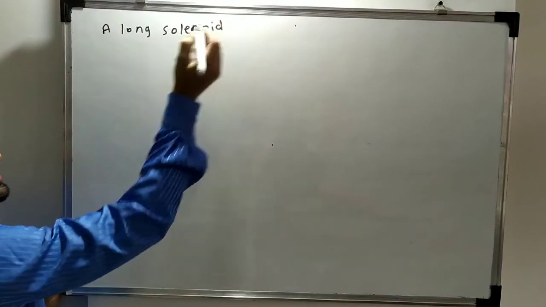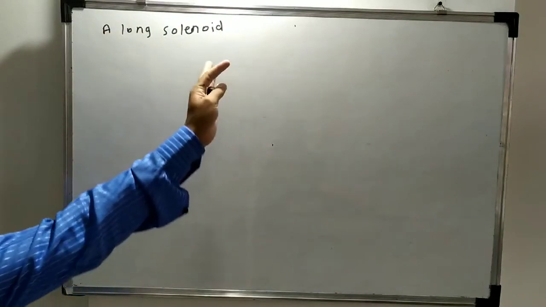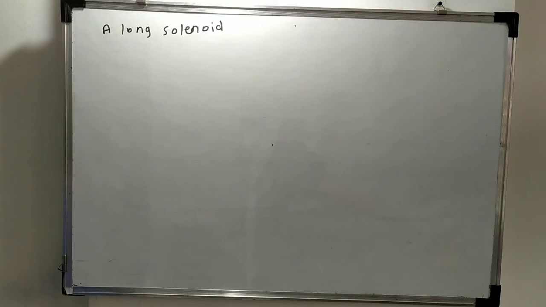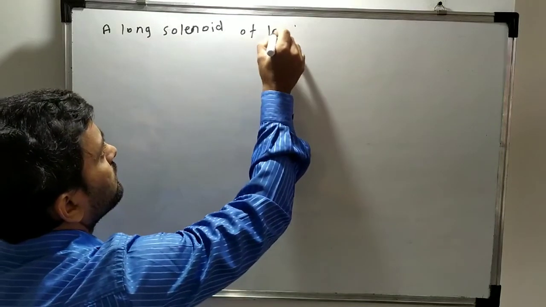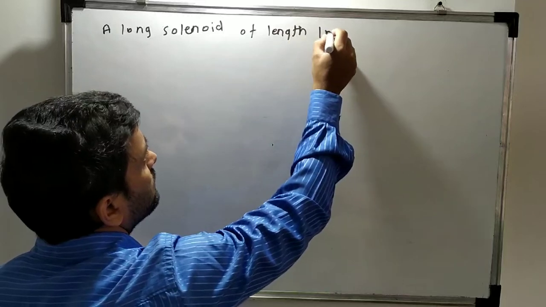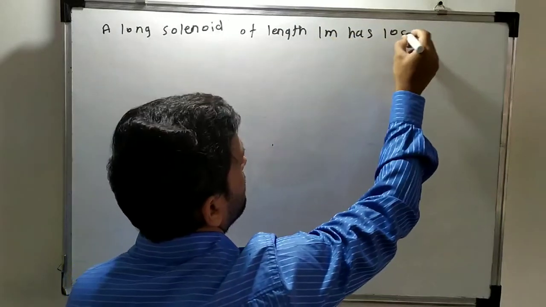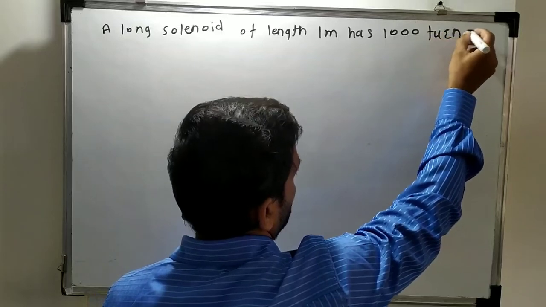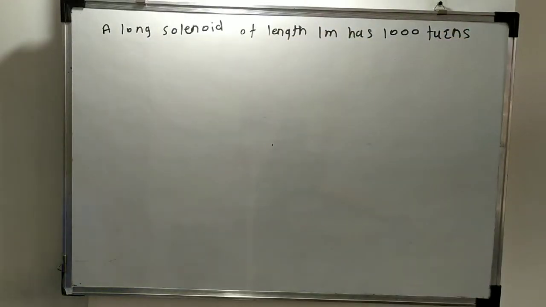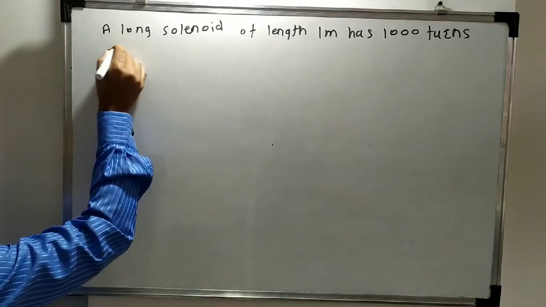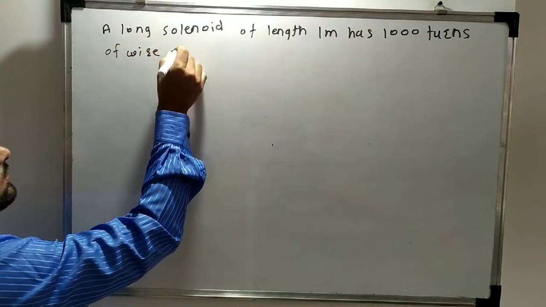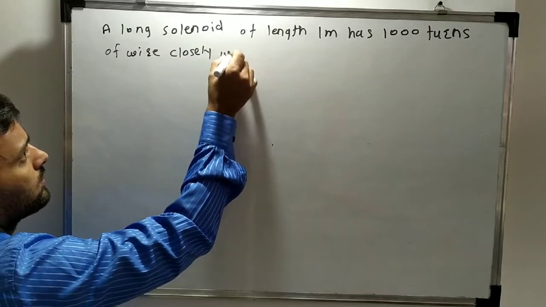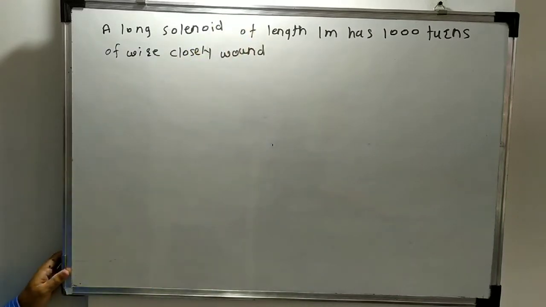Solenoid. So the condition is already given. What is the type of the conductor? It is a solenoid. The length of the solenoid is given, the number of turns are given, closely wound on it.